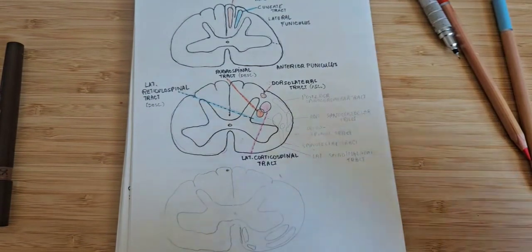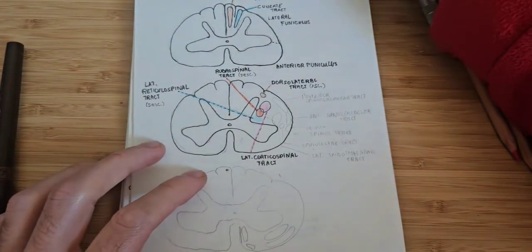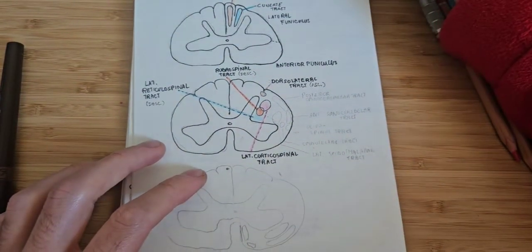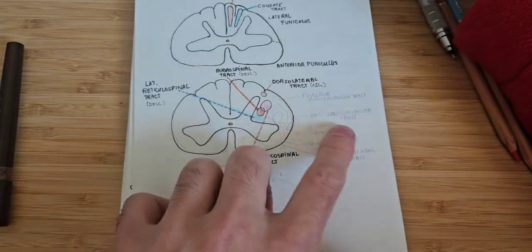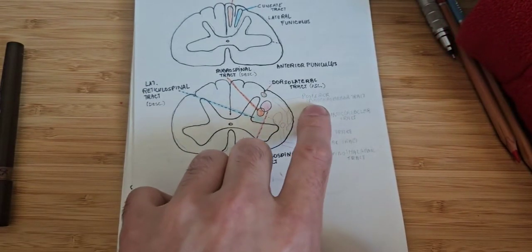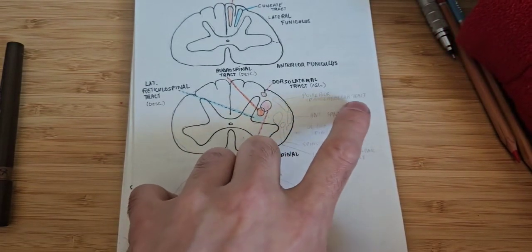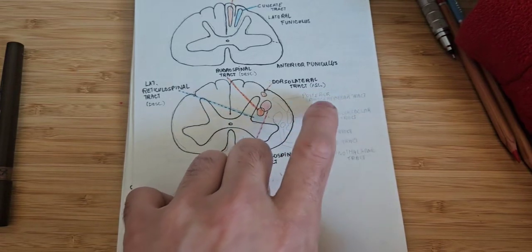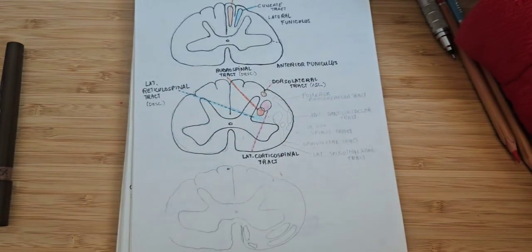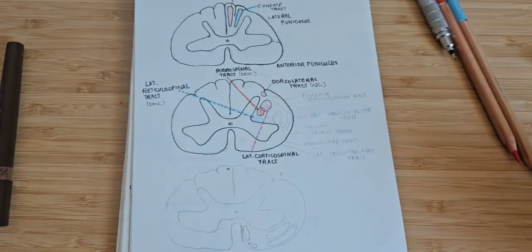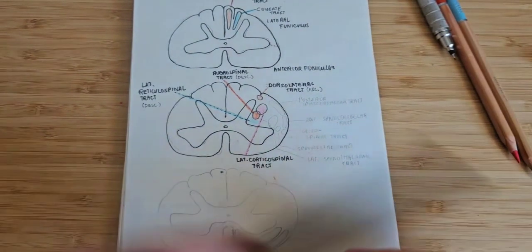And then we have the posterior spinocerebellar tract. Okay, posterior spinocerebellar tract, which is also ascending. Let me just grab a pen.